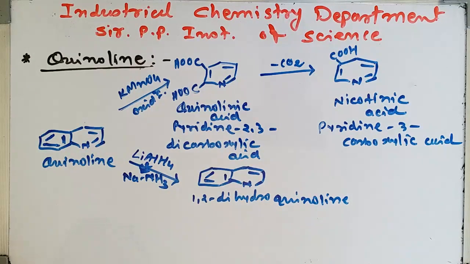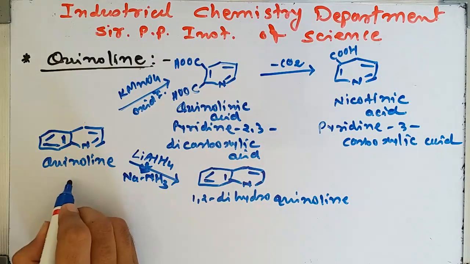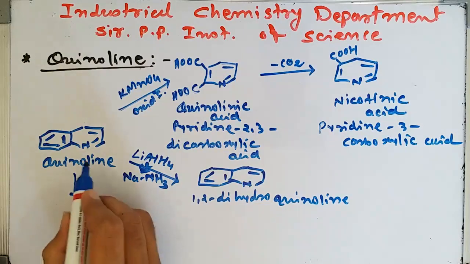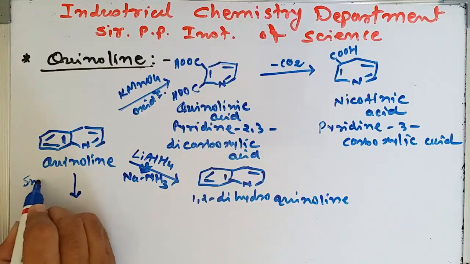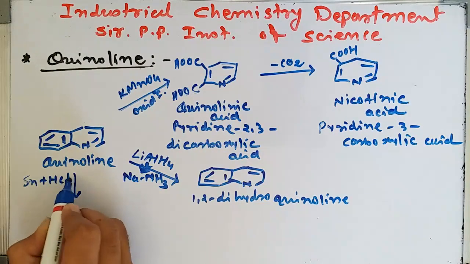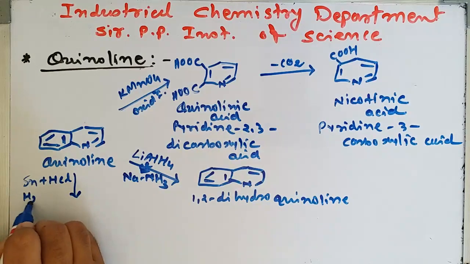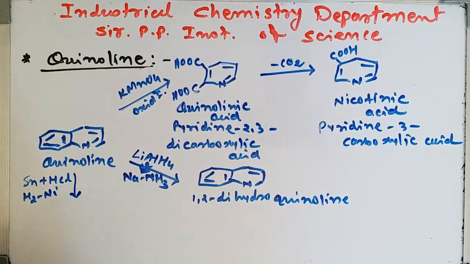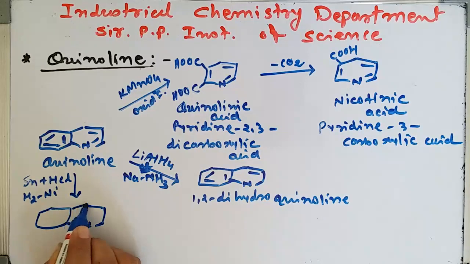If we take this compound as acid metal reduction with the help of Sn plus HCl, H2/Ni, we get 1,2,3,4-tetrahydroquinoline.